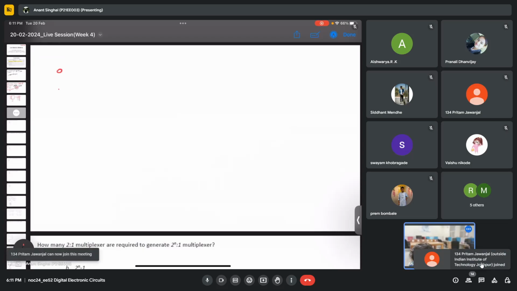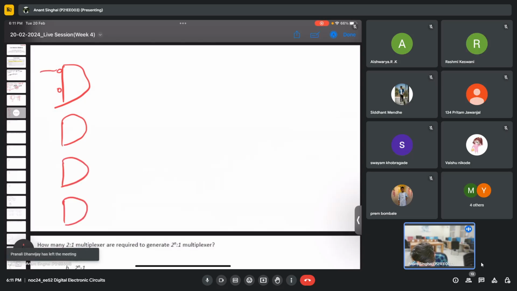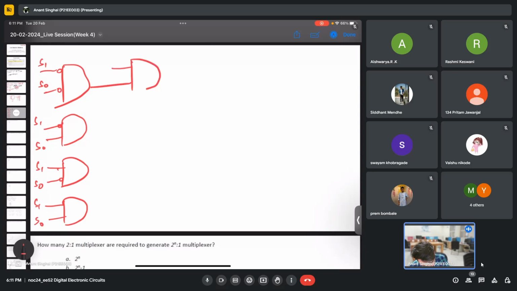So we have several AND gates, which I'm making for the select lines. This bubble basically means the inverter part. So if I make S1, now there are four inputs in a multiplexer, as I have shown in the previous slide.